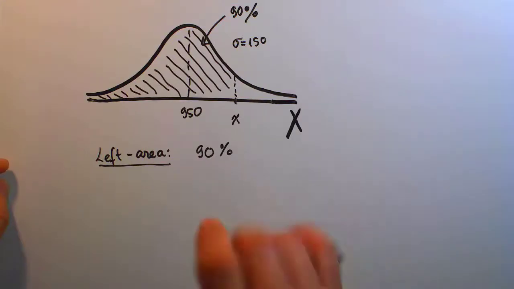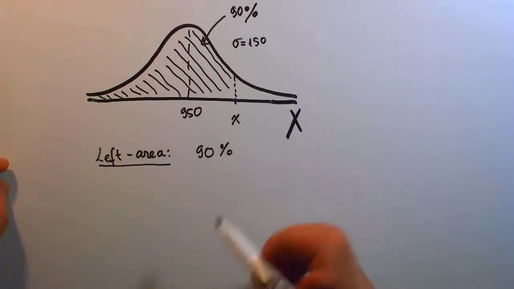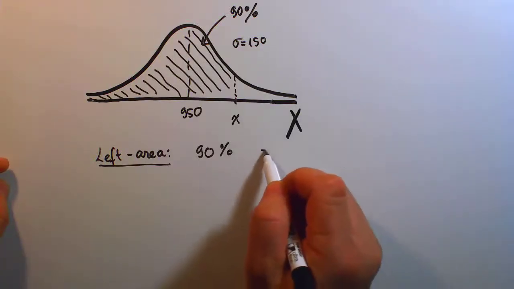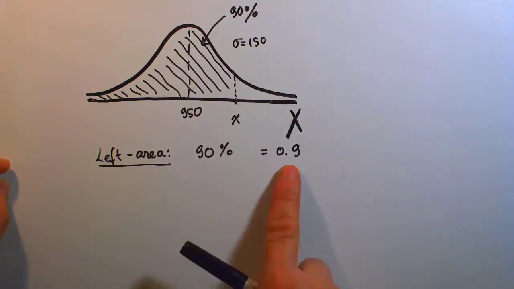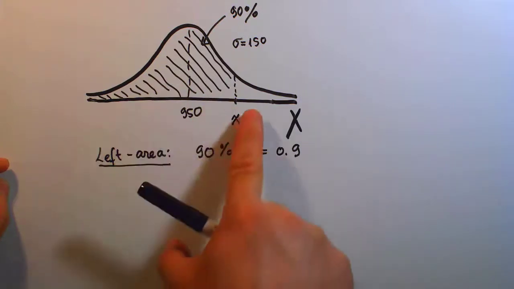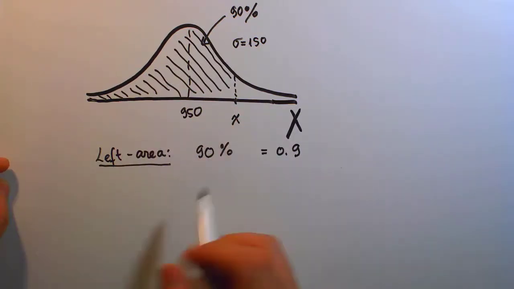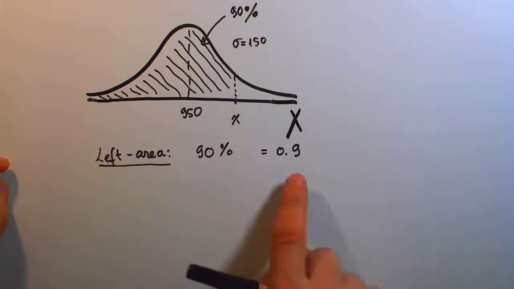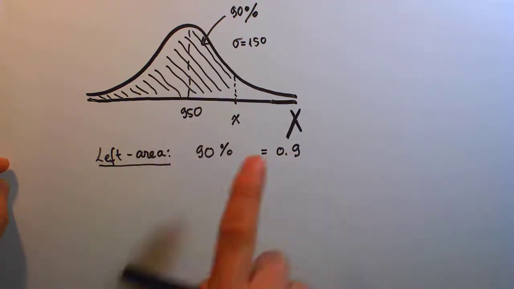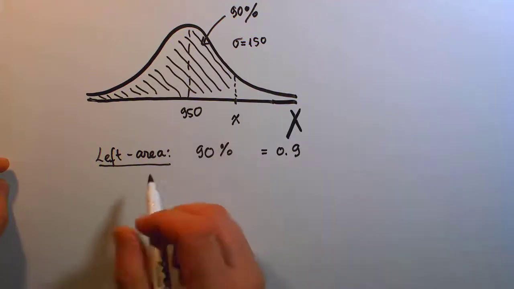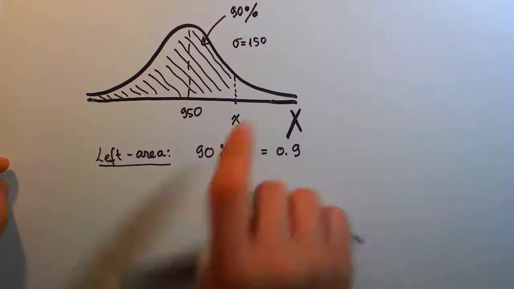And we don't really need to do any math work. That is in decimal 0.9. The next step is, now we know this is the area to the left of a given value on our bell curve, we need to figure out what z-score corresponding to our cutoff that is.